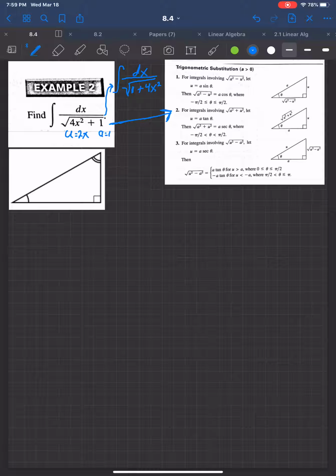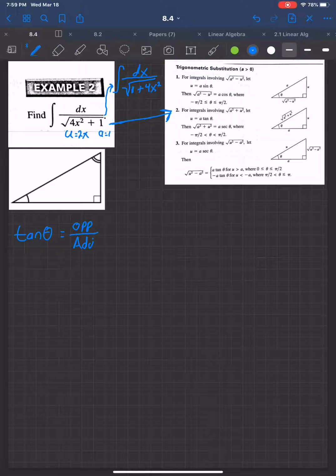If you're missing the hypotenuse, that would mean you have the adjacent and the opposite, and that's why tan of theta, which is defined as the opposite over the adjacent, is going to be a good choice.